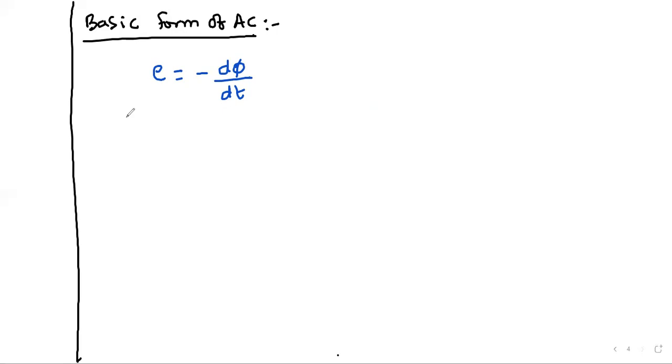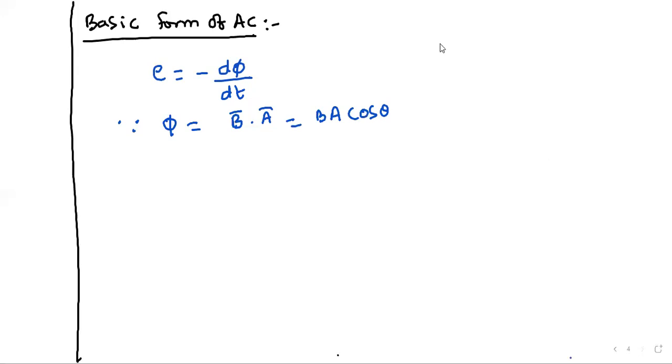By definition, magnetic flux is B dot A, which is nothing but BA cos theta, where B is the magnetic field and A is the area of the coil.